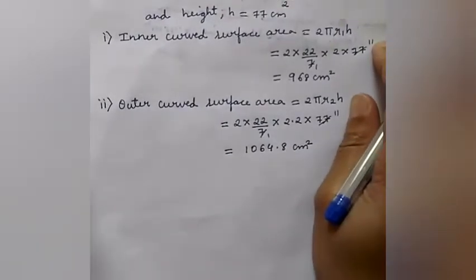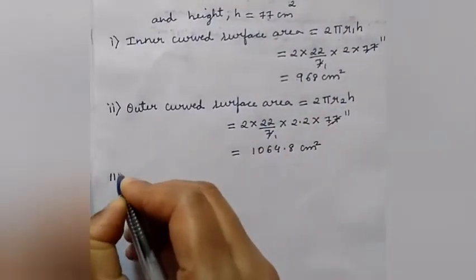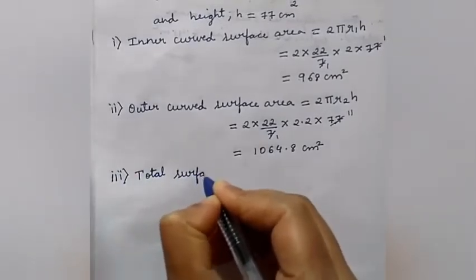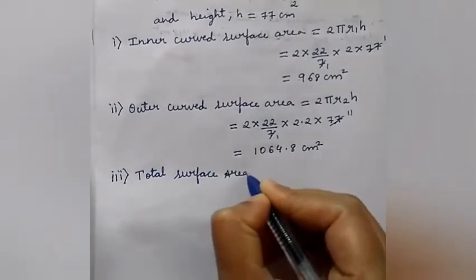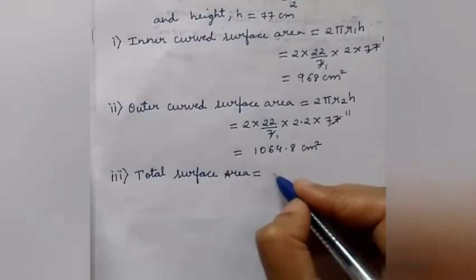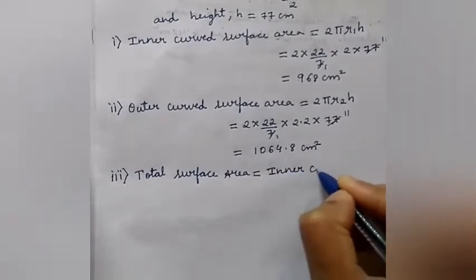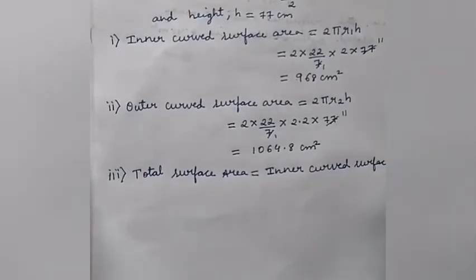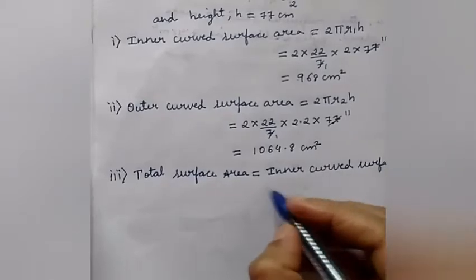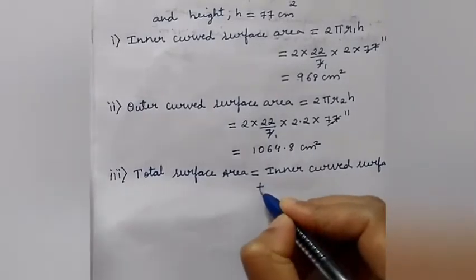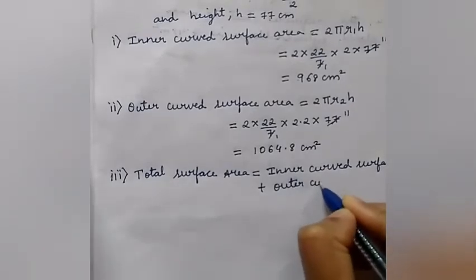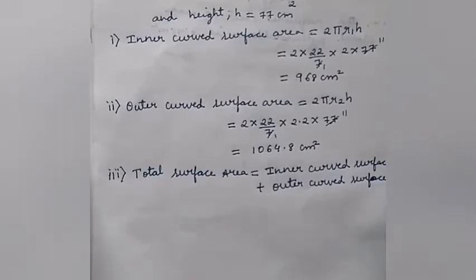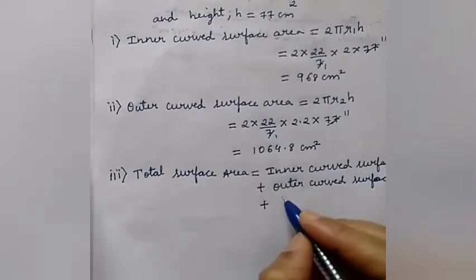So here the total surface area we can find using: therefore, total surface area is equal to inner curved surface area plus outer curved surface area plus area of the two bases.